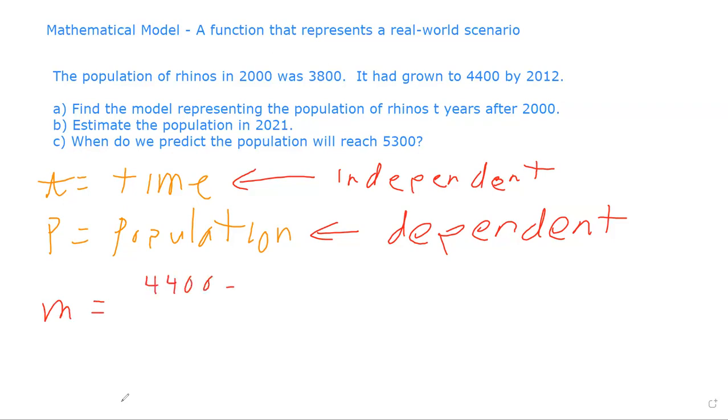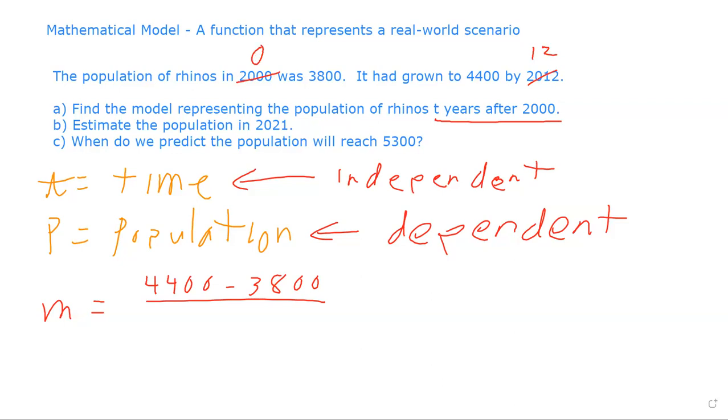So we'll do 4,400 minus 3,800. Our independent variable is time, but they mentioned something here is that t is years after 2000. So we need to make an adjustment. So 2000 is going to be 0, and 2012 will just be 12.